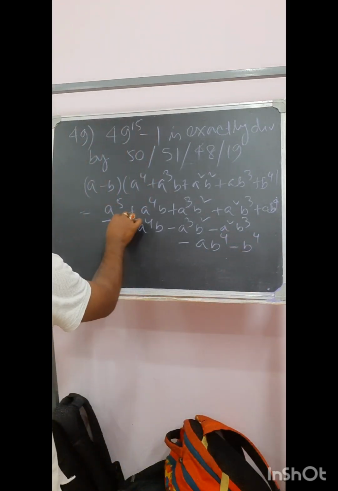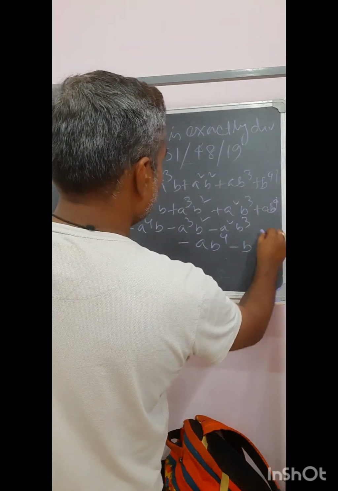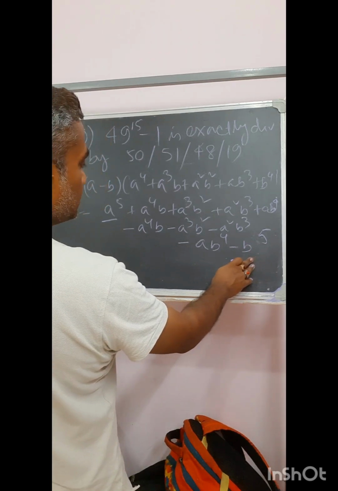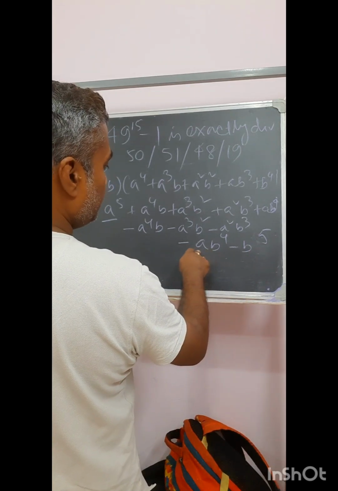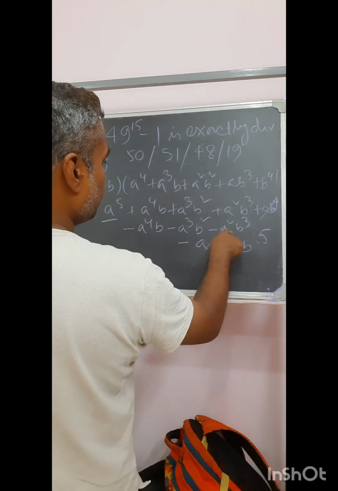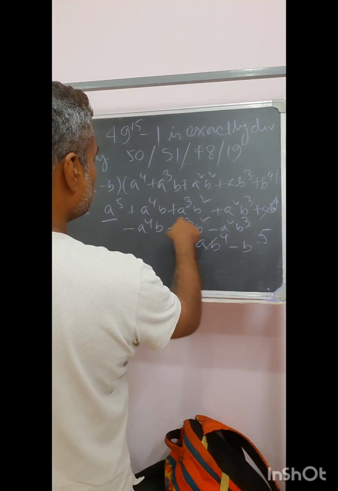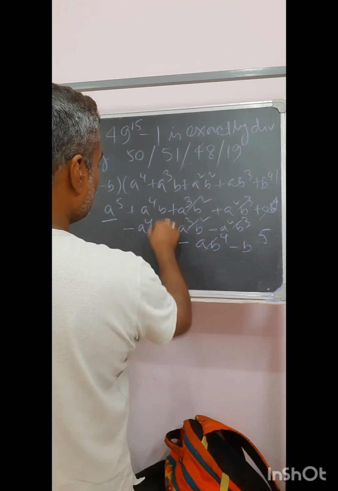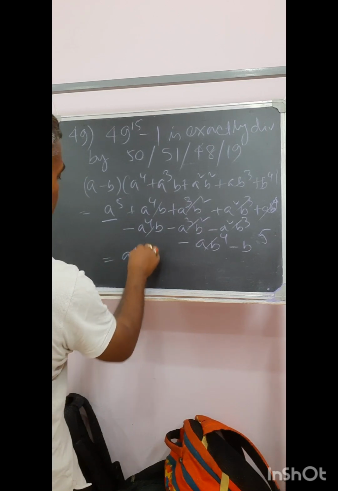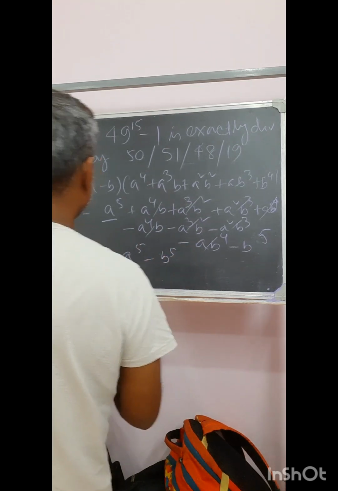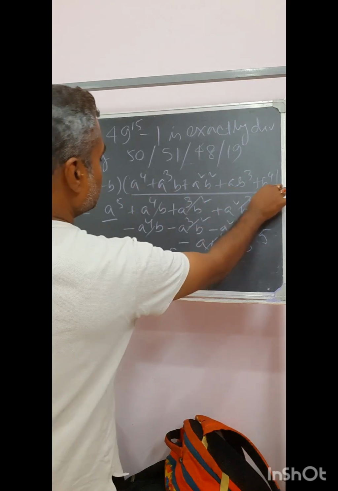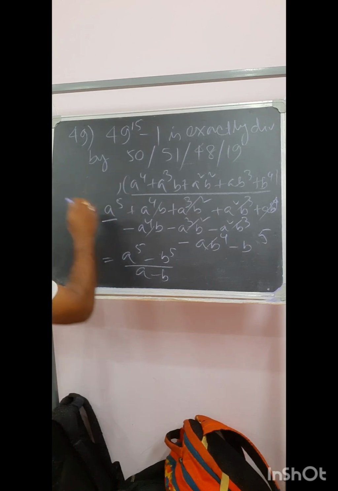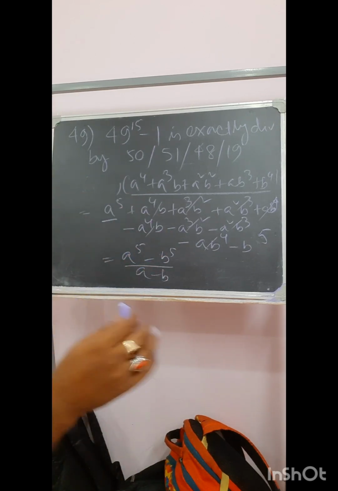Now I see a to the power 5 and b to the power 5 have no similar terms, but a to the power 4 b will be cancelled out, and a square b cube cancels with the minus a square b cube. So all terms cancel out, remaining with a to the power 5 minus b to the power 5. So this is equal to a minus b times the series, taking it in the denominator. So this can be proved for higher numbers too.